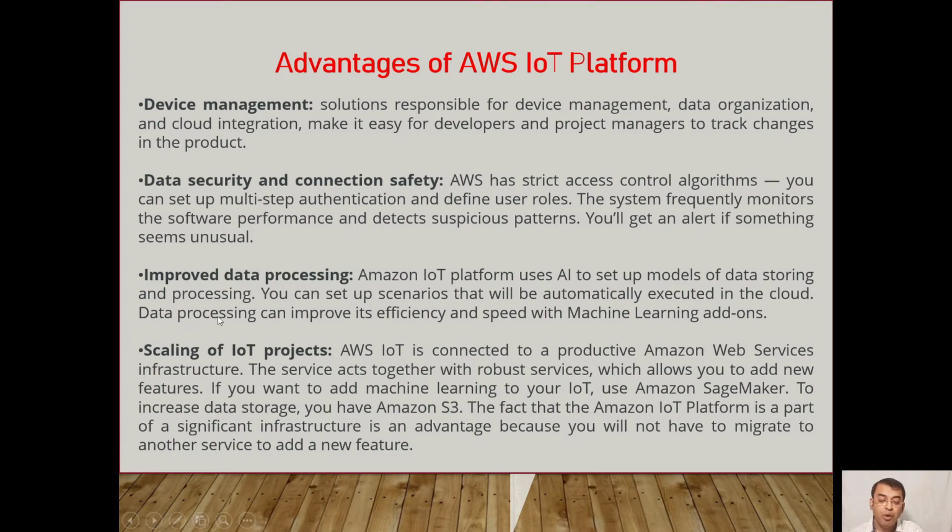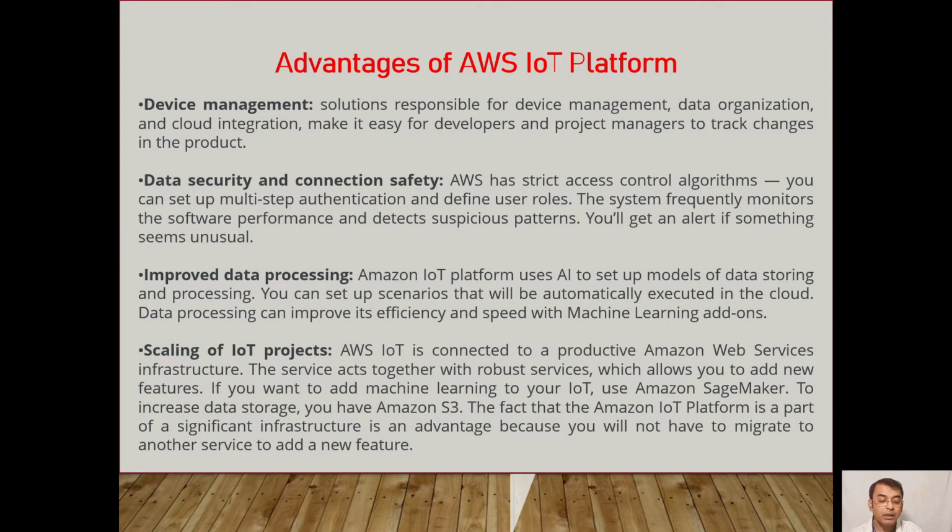Scaling of IoT projects. AWS IoT is connected to a productive Amazon Web Services infrastructure. The service acts together with robust services which allow you to add new features. If you want to add machine learning to your IoT, use Amazon SageMaker. To increase data storage, you have Amazon S3.